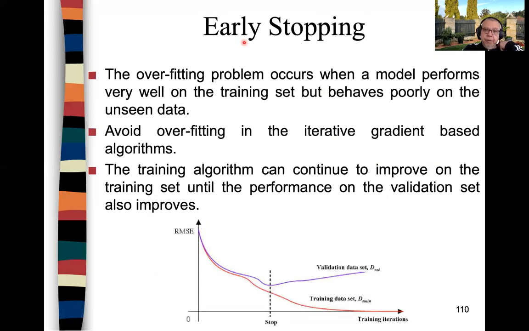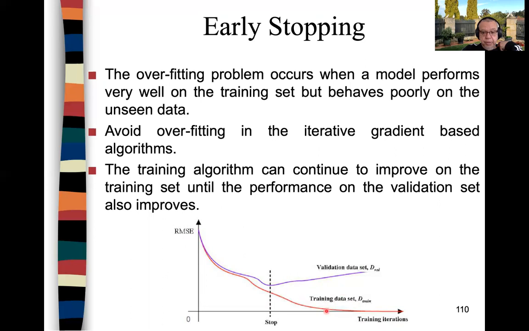Another regularization approach is the early stopping approach. We've seen that in the case of the multi-layer perceptron, we've talked about it. So when you're training your model, your training error decreases with the number of training iterations or with the number of epochs.